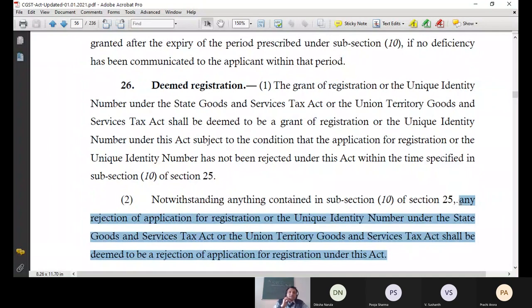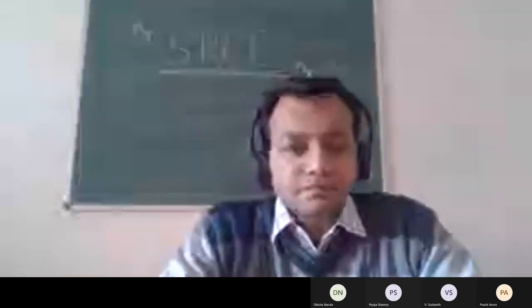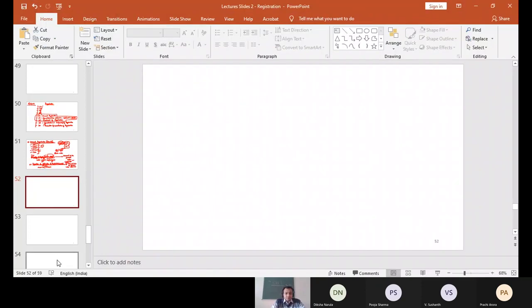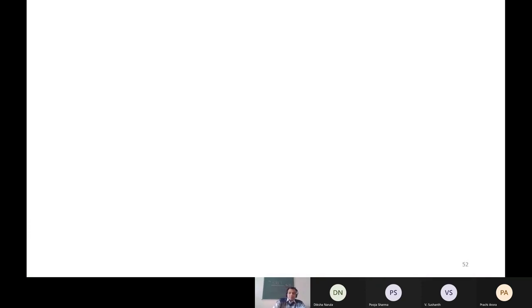Now let me come to the next section, section 27. Special provisions related to casual taxable person and a non-resident taxable person. Now this is my next section.